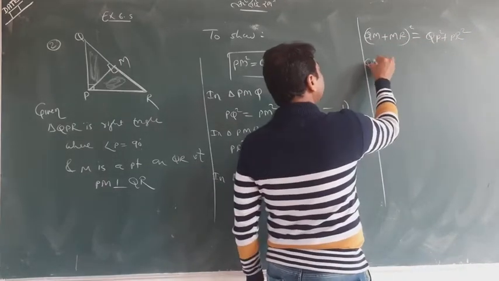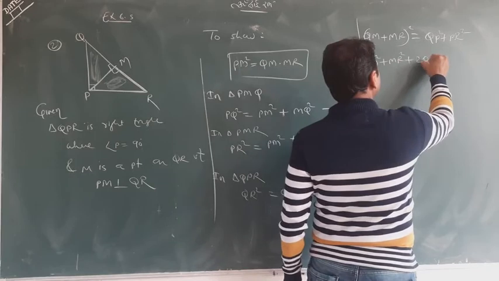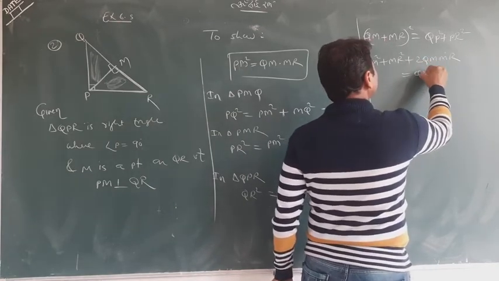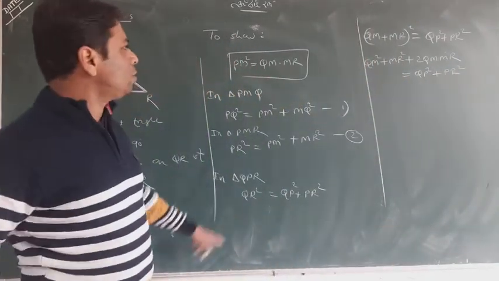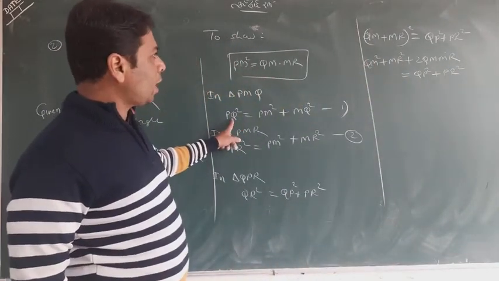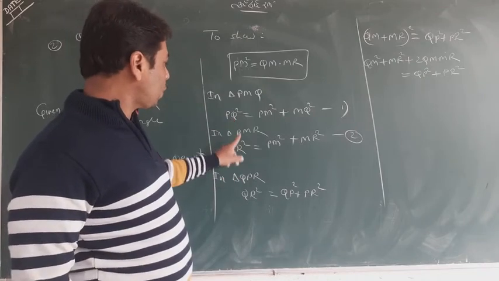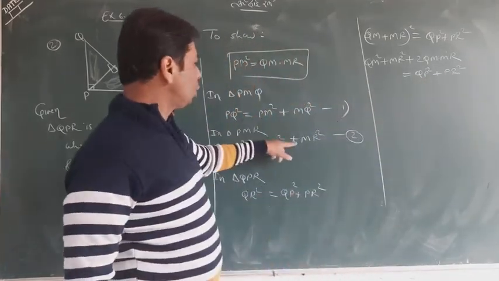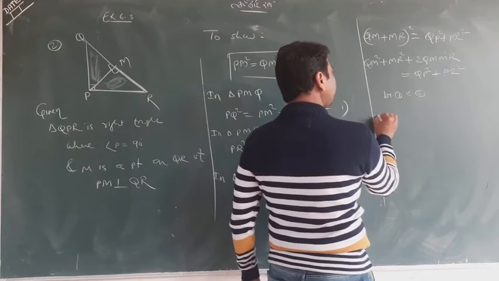I just open it. Equal to this one. Now can you put the value? Can you see? PQ square I have somewhere, PR square I have somewhere. So PQ square and PR square I have values. So I think we should put these values there, by 1 and 2. Look at it. Easy method I am telling you.